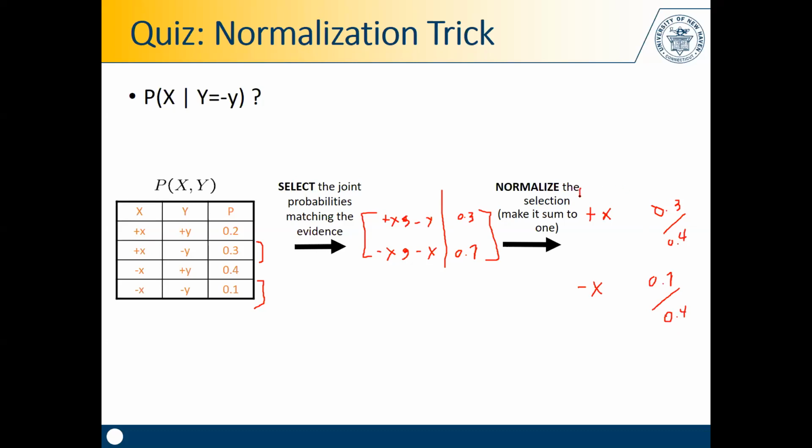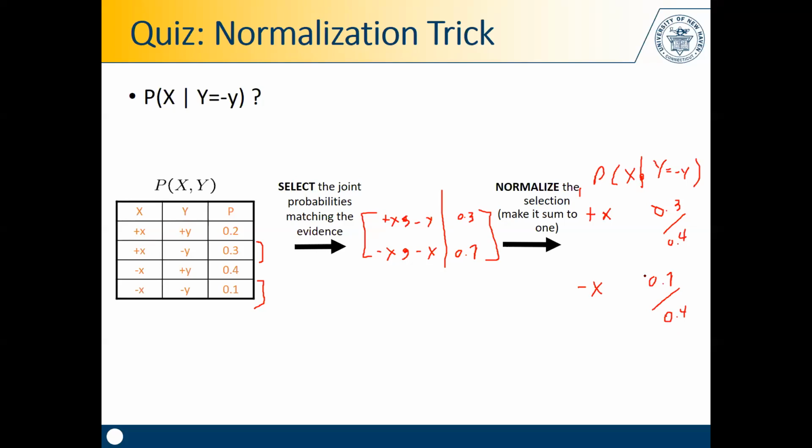And this is the conditional probability distribution of the variable x conditioned on y being negative y. So it's really simple. It should be straightforward. Does anybody have any questions? Is the process clear?